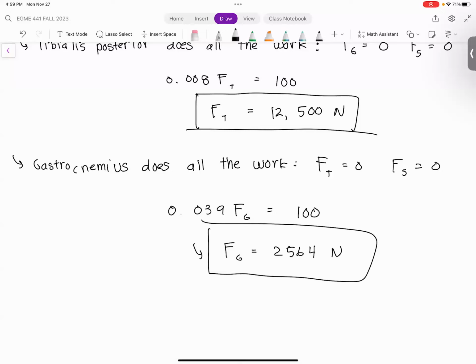All right. So both of these solutions here accomplish our constraint, right? So both of these solutions will give us 100 Newton meters of moment around the ankle.